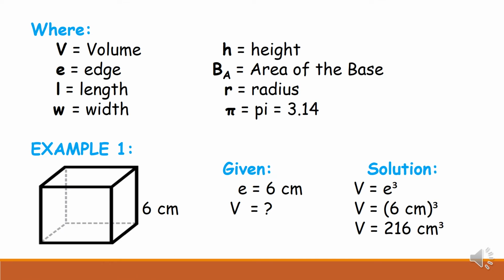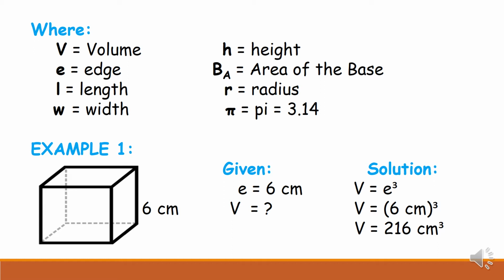Where V stands for volume, E stands for the edge, L for the length, W for the width, H for the height, B sub A for the area of the base, R for radius, and the symbol pi with a constant value of 3.1400.